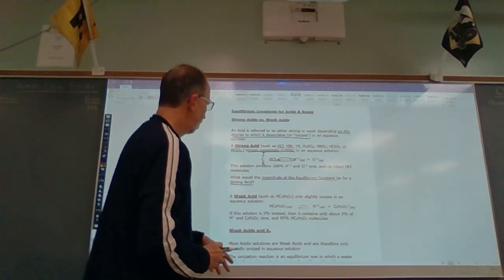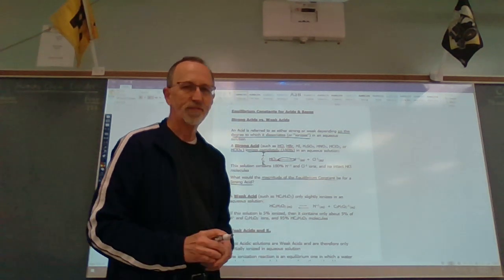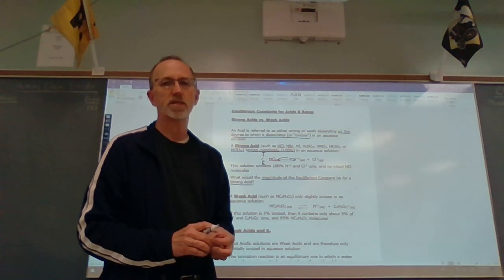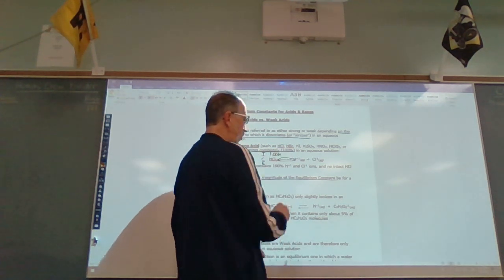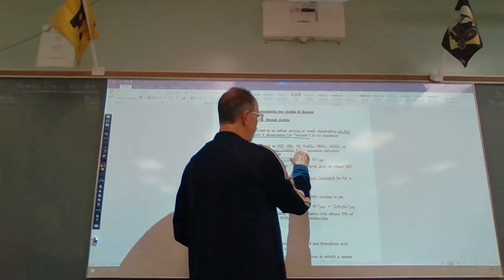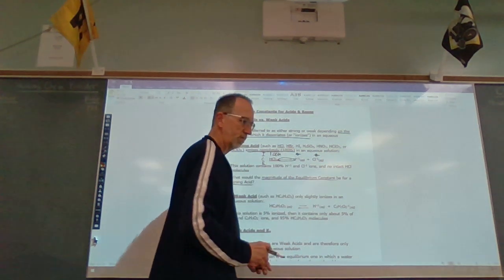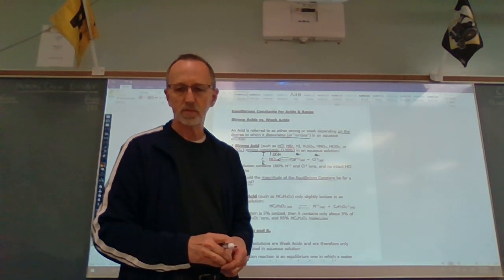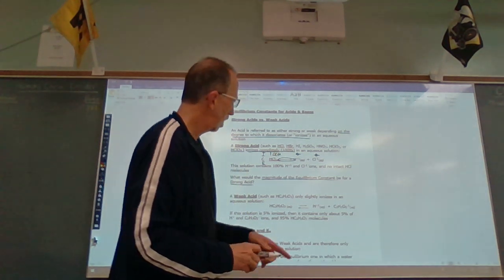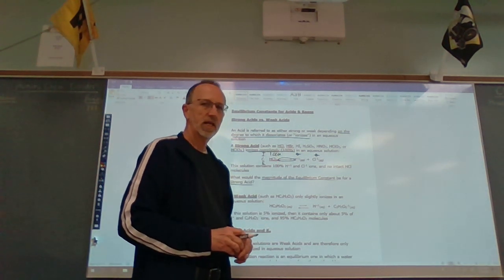So let's say we start out initially, for example, with 1.00 molar HCl. So initially that would be 1.00 molar. These, of course, initially would be 0. As the reaction then occurs and goes to completion, here's what ionizing completely means.